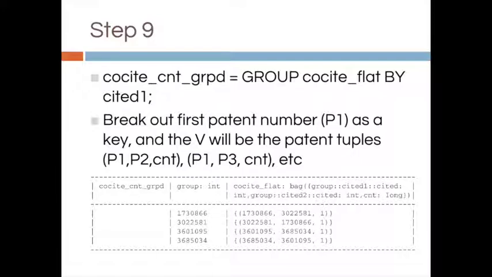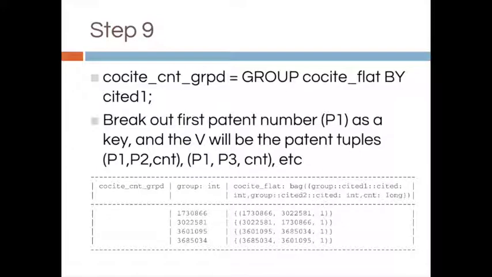What this would take is just a few more steps using the same tools that we've been using. We make a new table where we're grouping the previous one by the cited one attribute. So we're grouping the previous table by one of the patents that is cited together. You could see this generates a group attribute of unique patent numbers.